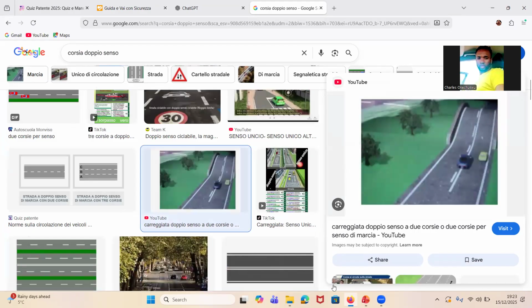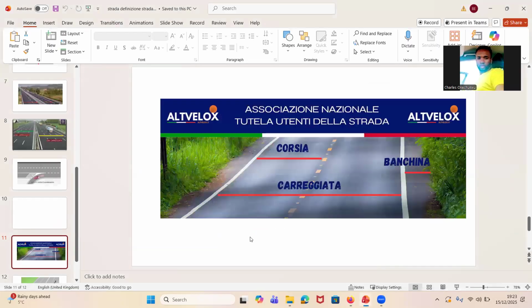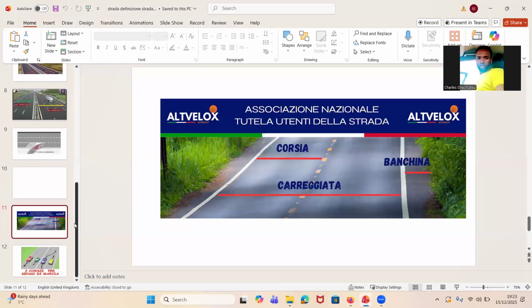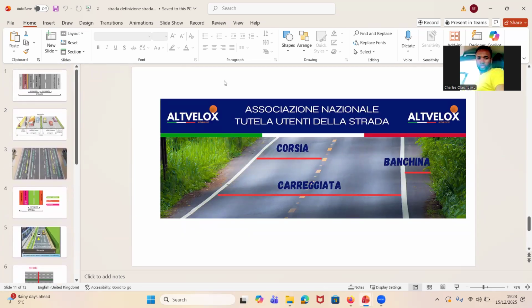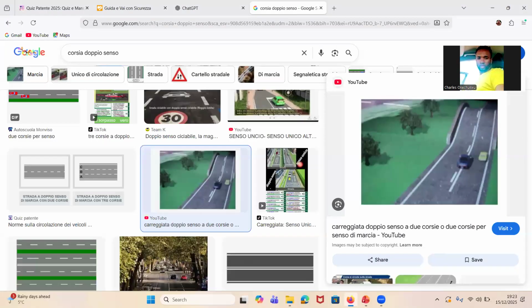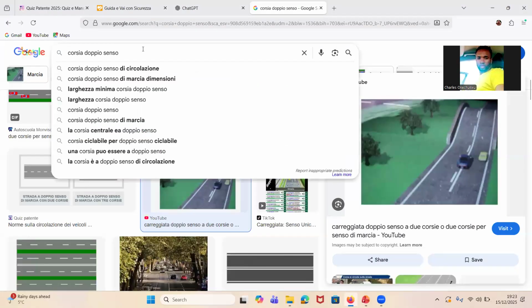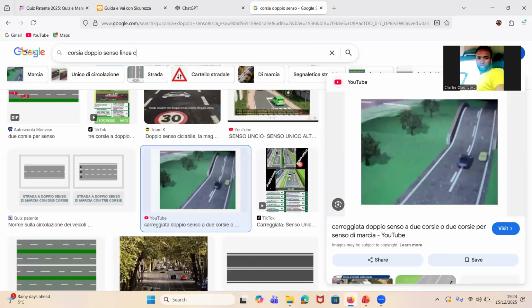Actually, I have the picture here. Okay, let me show you guys the first example of doppio senso. Let me make it a little bit easier. Linea continua. Now watch.